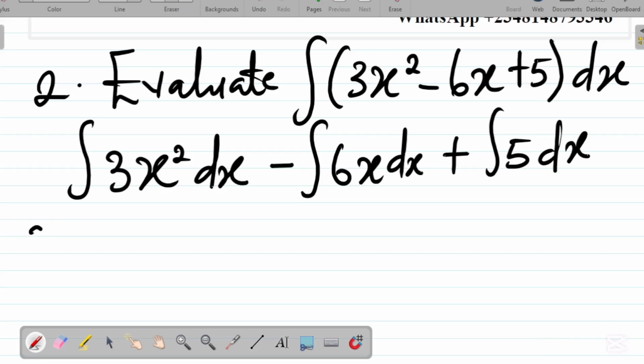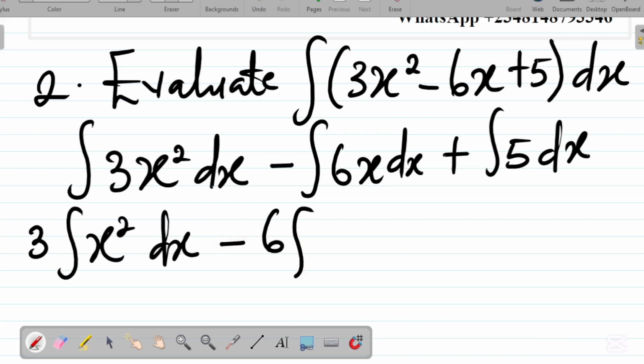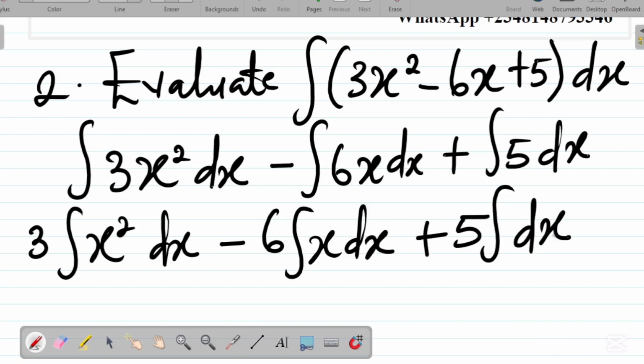So we have here 3 integral of x squared dx minus 6 integral of x dx plus 5 integral of dx. So d, which is differentiation, cancels integral sign.